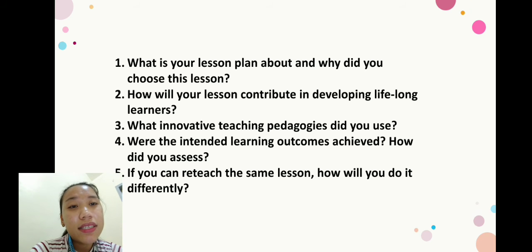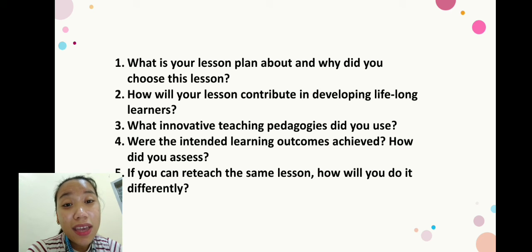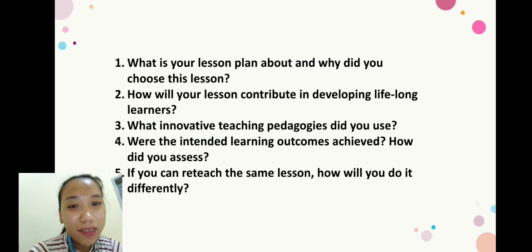I assessed them by giving an activity for them to label the parts of the body, and then I gave them follow-up questions, which asked them to give one example of body parts and its function. Surprisingly, they answered correctly, and in the activity, most of my students got the perfect score.